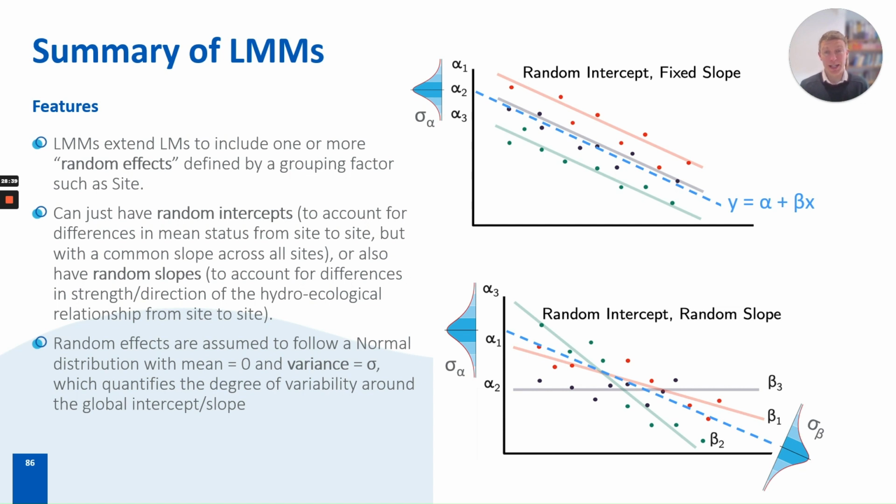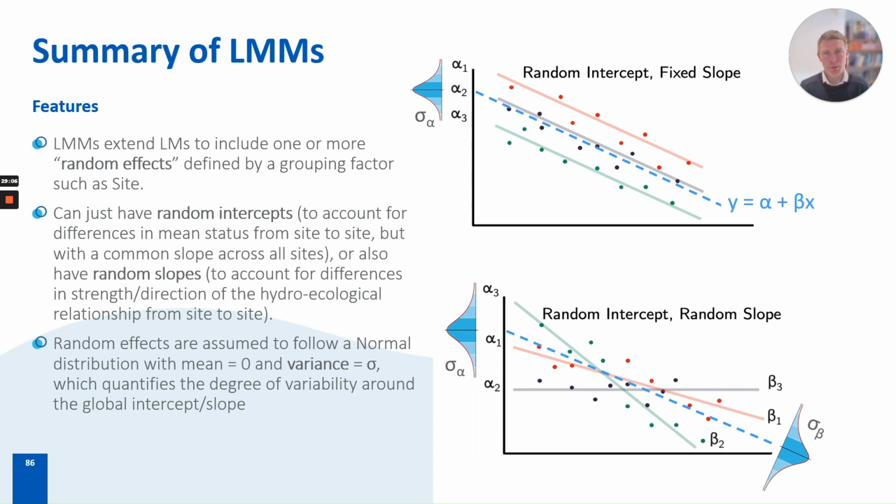So the random intercept model accounts for differences in mean status, our mean biological metric from site to site, whereas the random slopes allow the slope of that relationship to vary as well. So essentially that gives us a way of modelling different sensitivity to flow at each location. So the strength and direction of the hydroecological relationship can vary from site to site.